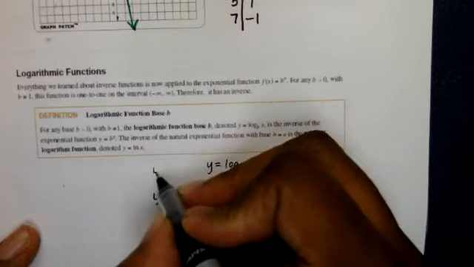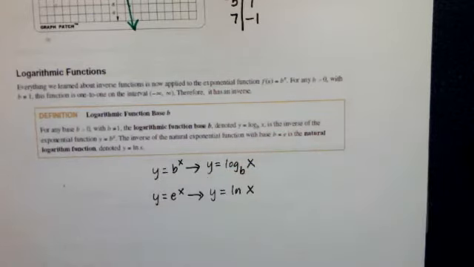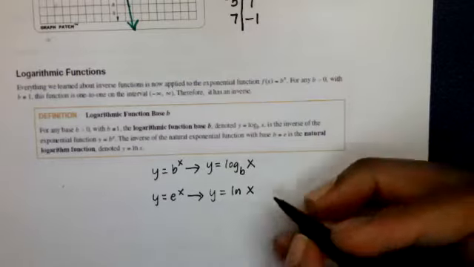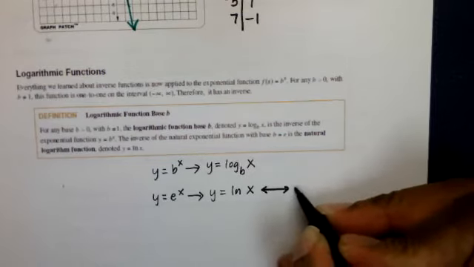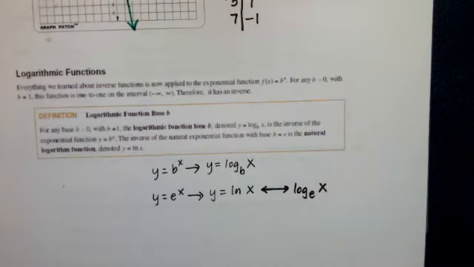And of course, for y equals b raised to the x, it'd be log to the base b of x as its inverse. And also you need to know something else. y equals ln of x is another way of saying log to the base e of x.